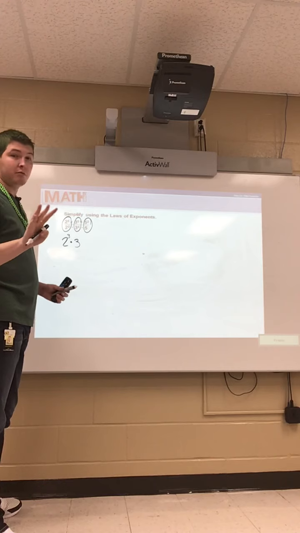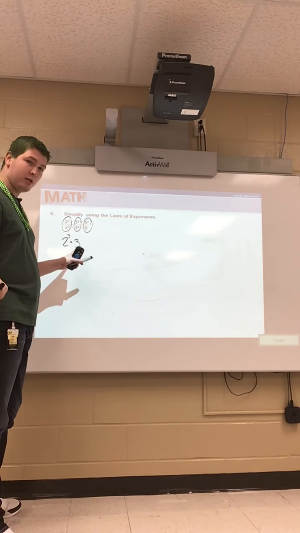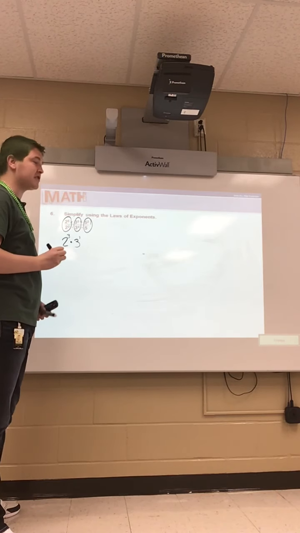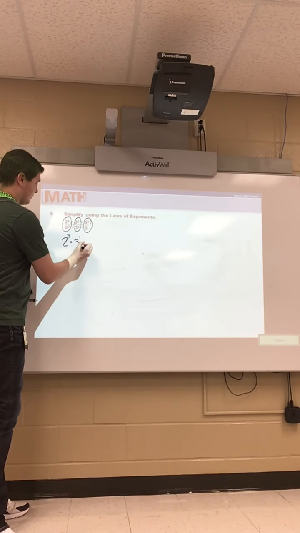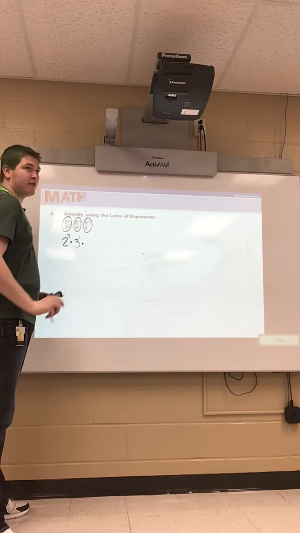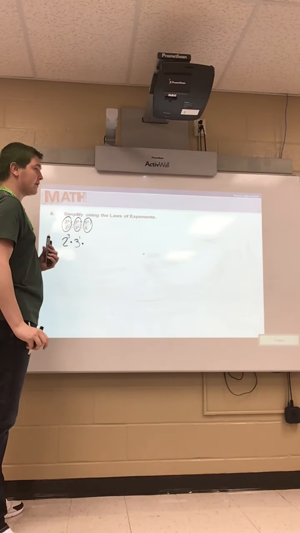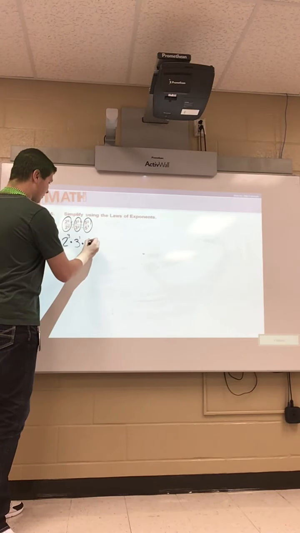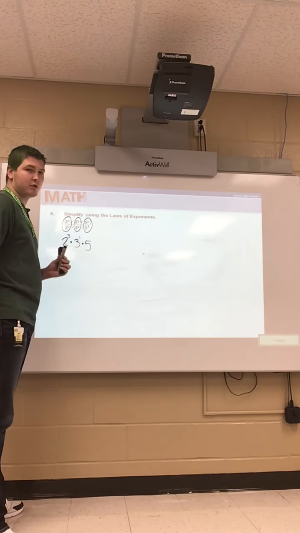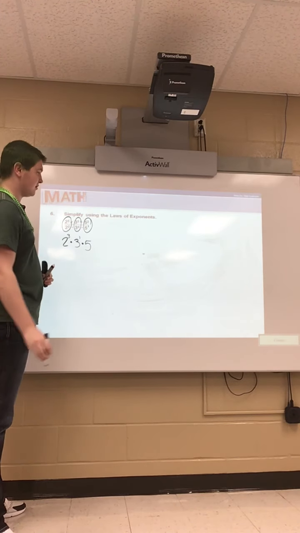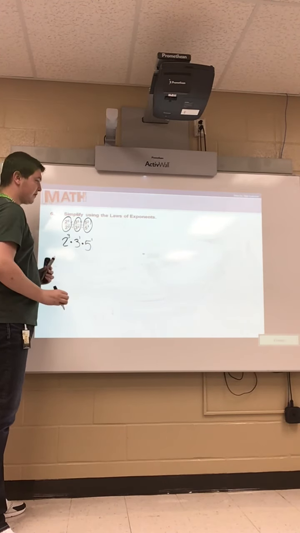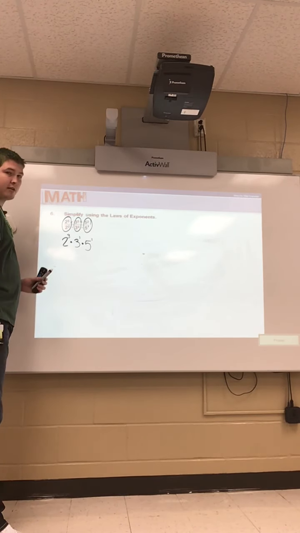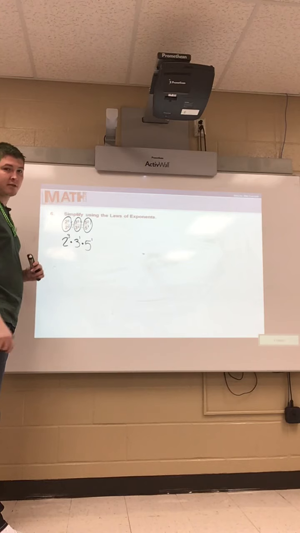You can either not put the 1 and just keep it 3, or if you want, that's fine too. It doesn't change a thing. Multiplication sign. And then our last one, 5 to the 2nd power over 5 to the 1st. So 5 is the base, and 2 minus 1 is just 1, so we can keep that or leave it a 5. And then we're done, because we cannot multiply across because they do not have the same base.